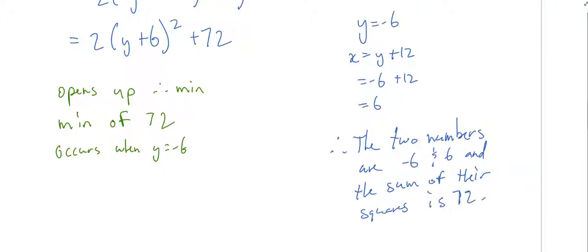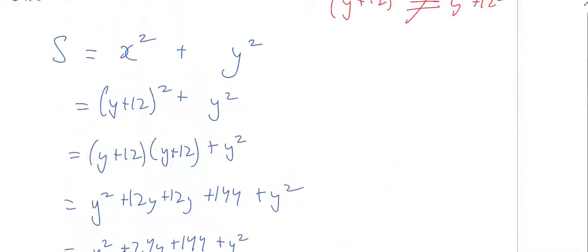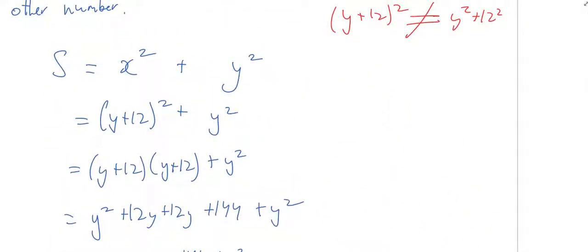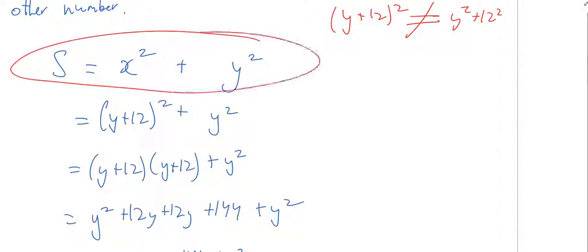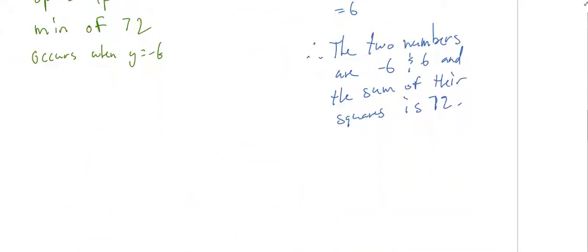So remember, it all started with this: the sum of their squares. And if we know those two numbers now, I can do that by going one of them squared plus the other one squared. And if one of them is -6 and the other one's +6, you get 36 plus 36, which is 72.